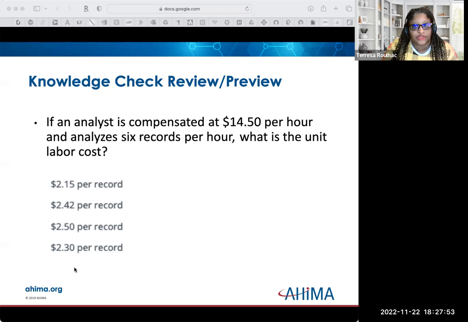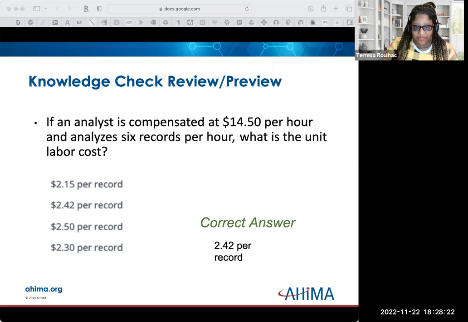First thing that you need to do is, what is the information that we need to figure out this particular problem? We know that there is $14.50 per hour and 6 records per hour. The correct answer is $2.42 per record.